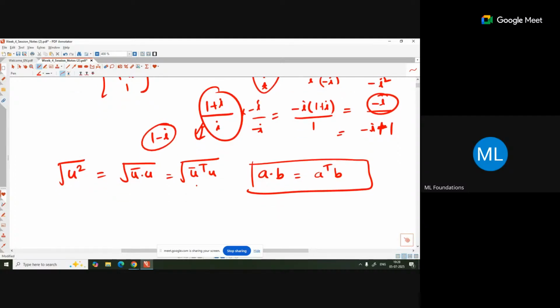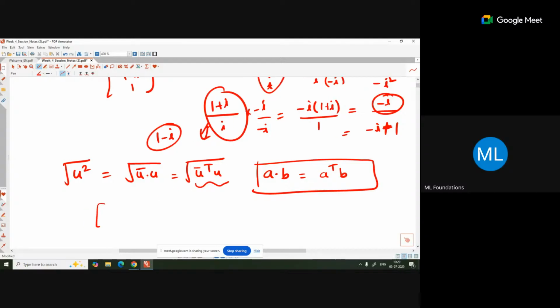So how will you solve this? First I'll write down the conjugate part. It is 1 minus I, 1 plus I, and 1.